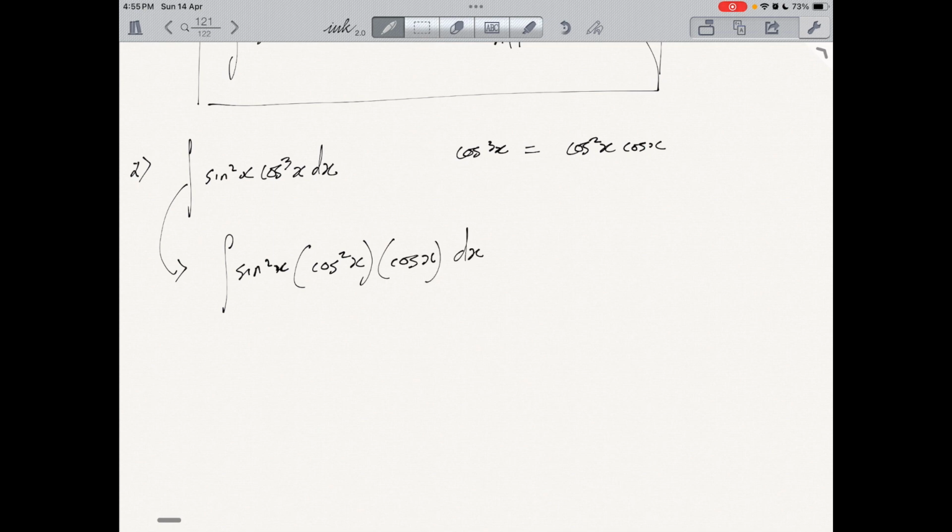Now we know that cos square x is equal to 1 minus sine square x. So this can be written as sine square x multiplied by 1 minus sine square x, then multiplied by cos x with respect to x. Therefore, we can open the bracket.